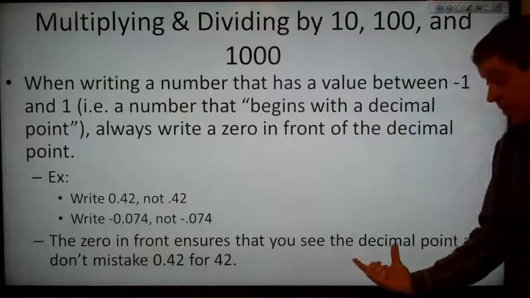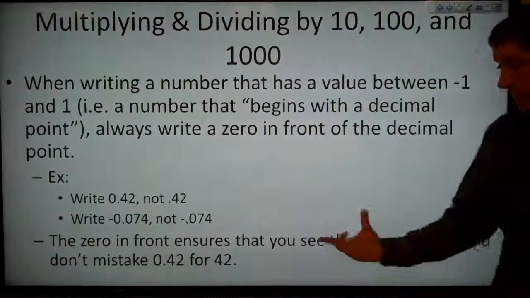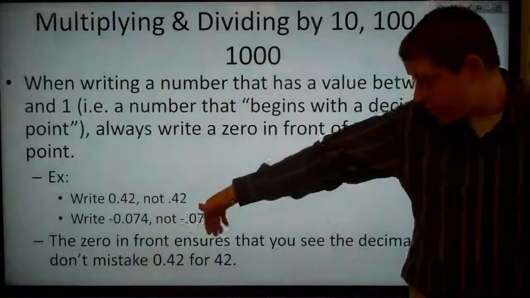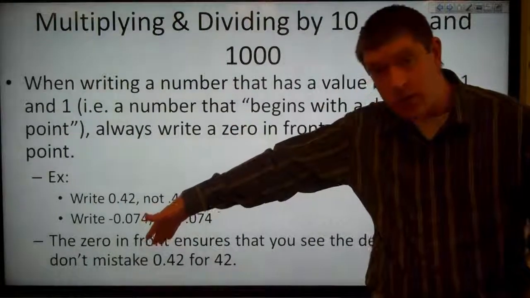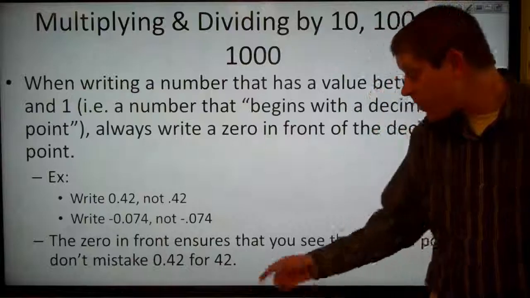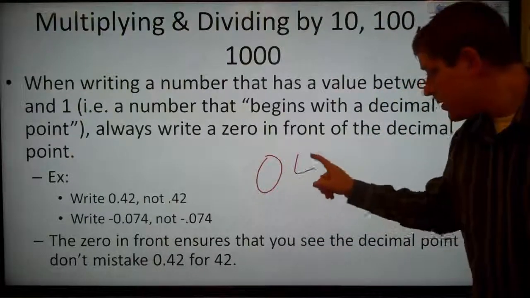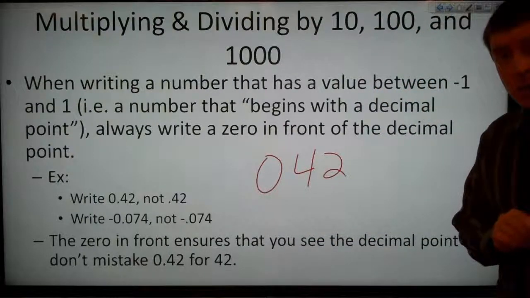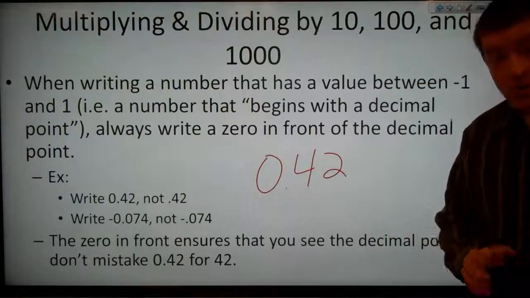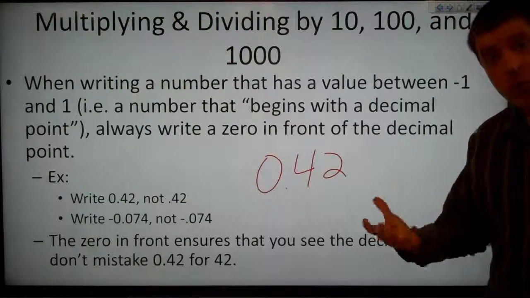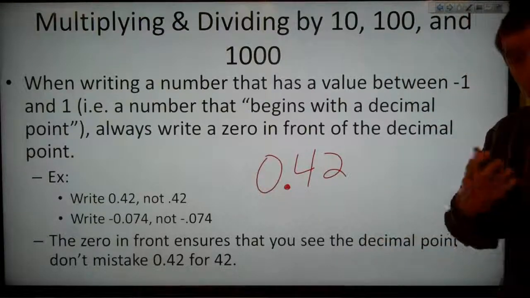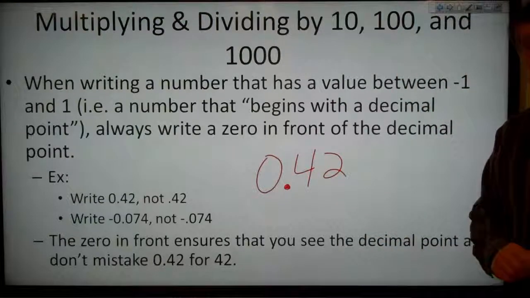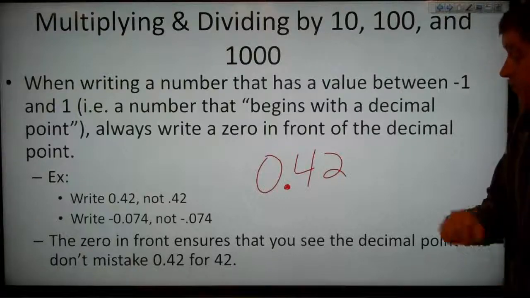The 0 in front ensures that you see the decimal point and that you don't mistake 0.42 for 42. If you write a really small decimal point, you might not notice it, especially if you're writing in pencil instead of pen. I also encourage you to write larger decimal points to make sure that you see that they're there.